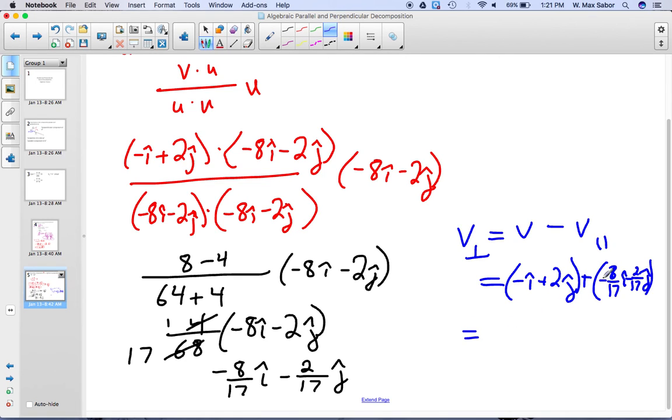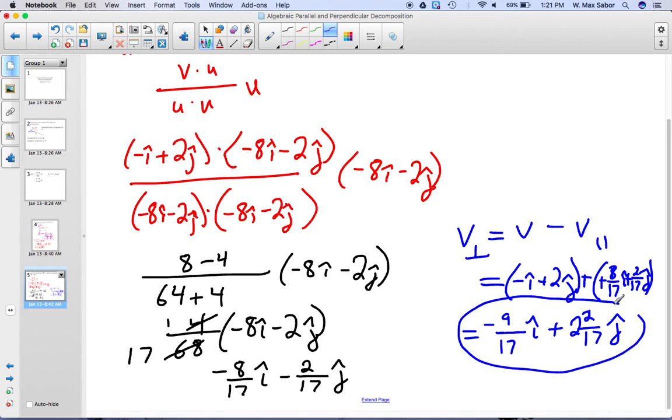So distribute the negative and we get positives. And then we have overall negative 9/17 i, and 2 plus 2/17 is 2 and 2/17. Okay. So that is the perpendicular component.